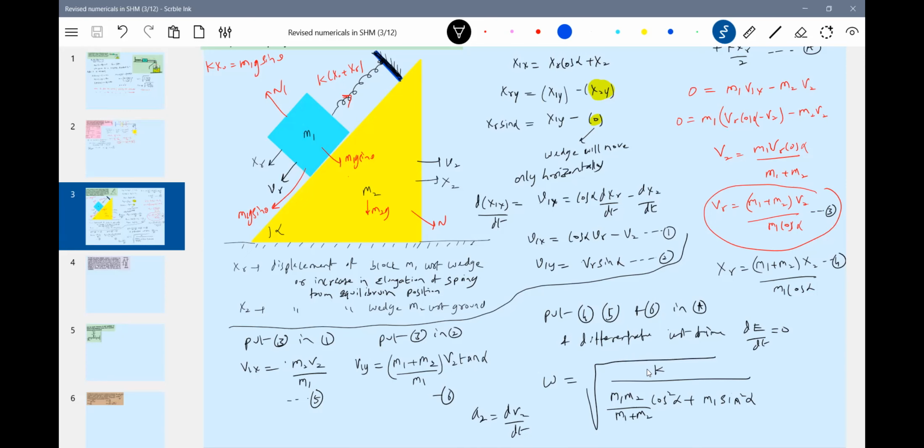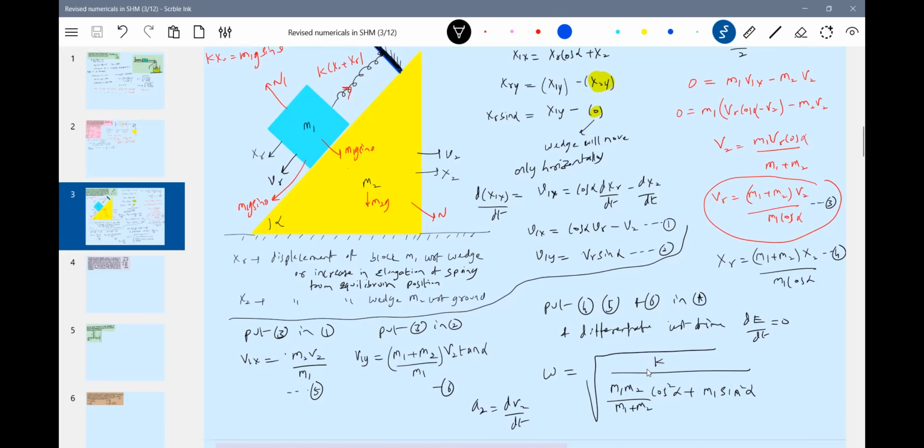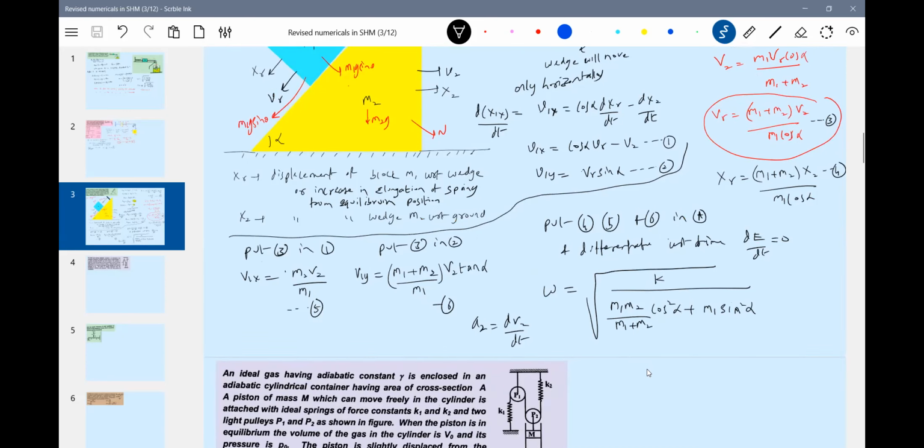M1, M2 I'll take common. We'll get sin square alpha plus cos square equal to 1. Again, one more sin square alpha will be left over. Okay, correct.